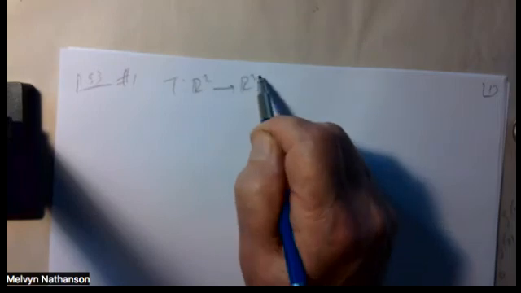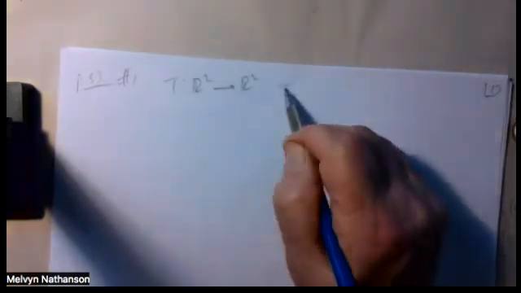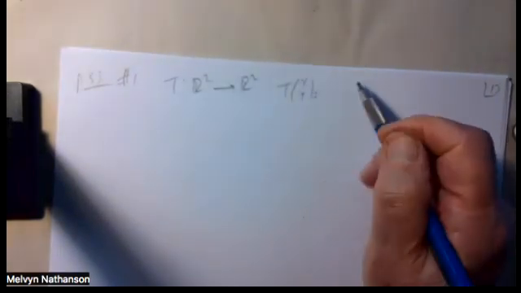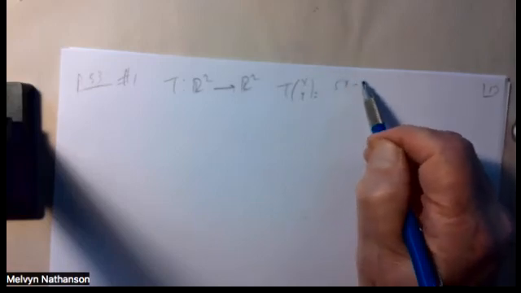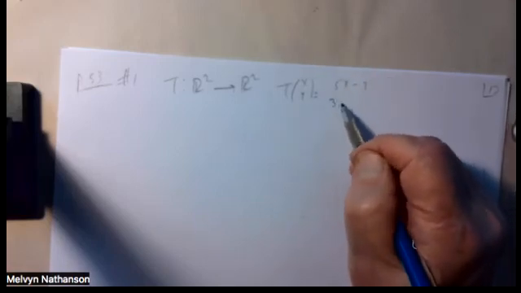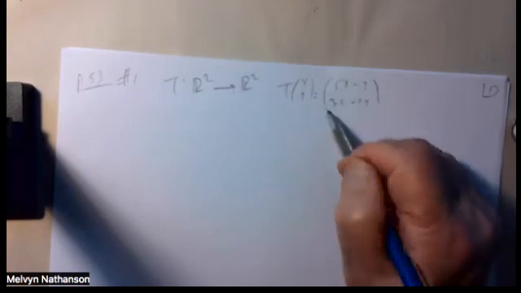So we have this very simple looking map T from R2 to R2 defined by T of the vector (x, y) is (5x minus y, 3x plus 2y).